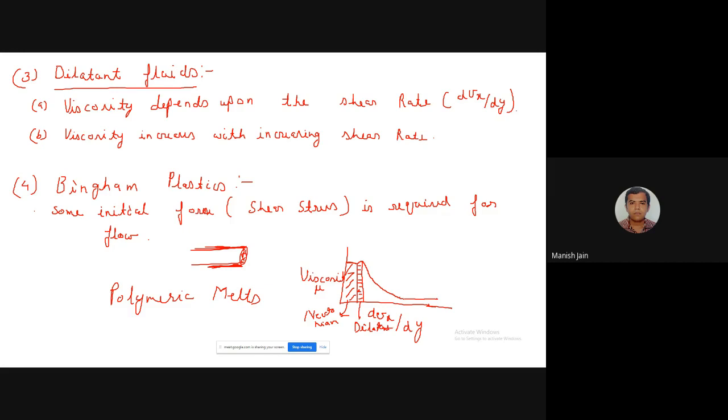From here to here, viscosity reduces. In this region, viscosity reduces with the shear rate, so this is the pseudoplastic region.